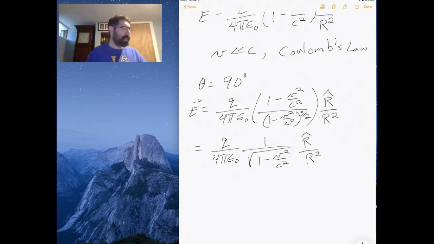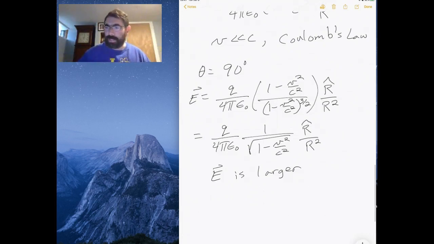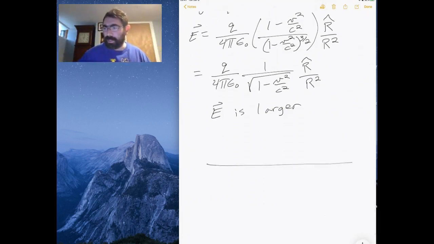And now E is larger because I now have this extra factor of 1 over the square root of 1 minus v squared over c squared.